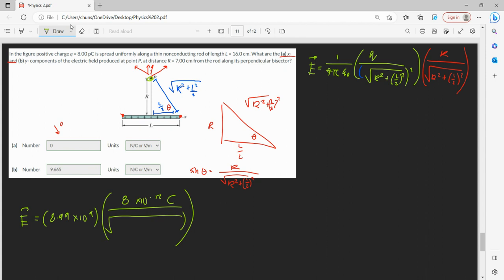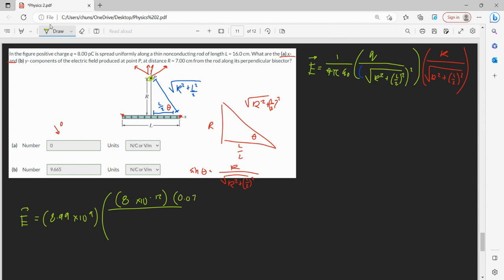This is square root squared, so square root squared means we could just kick out this square root radical. Actually, no, let's combine this and make this a little simpler. Let's put the R in there too.